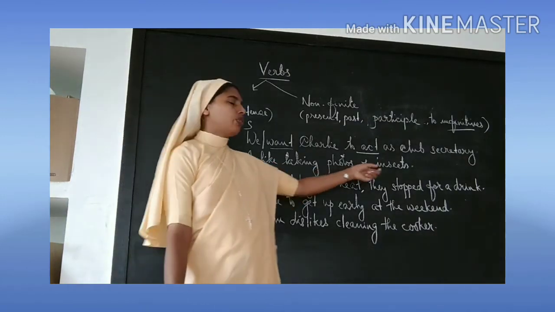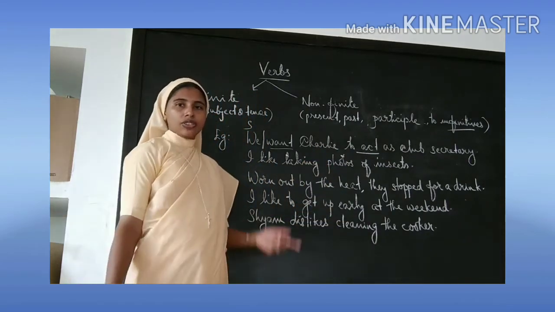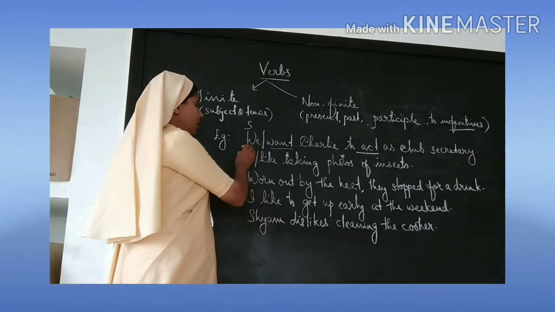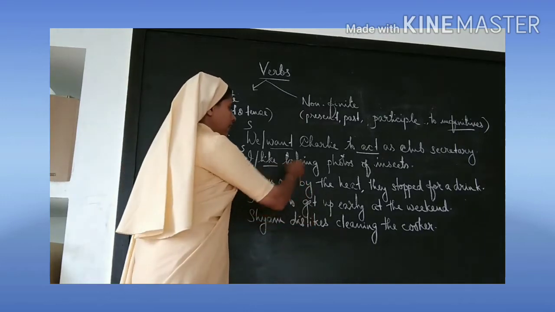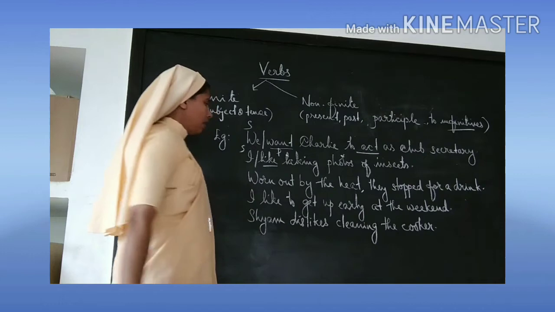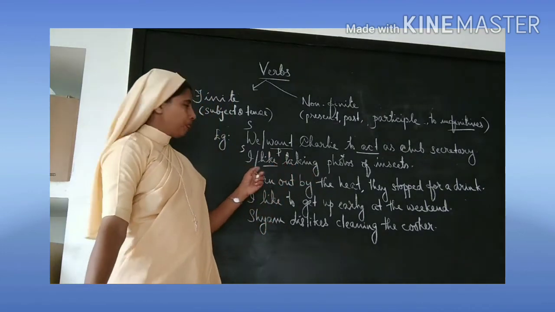I like taking photos of insects. Let's divide the sentence. This is "I," subject, "like," main verb, and this part is predicate. As a whole, this is the predicate part, and besides "like," is any other verb there? Can you find any other verb?